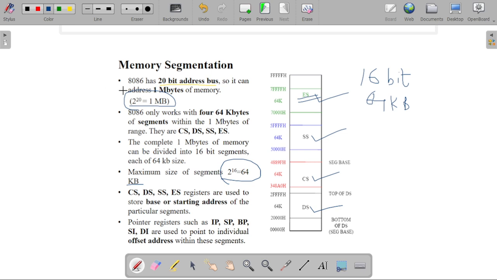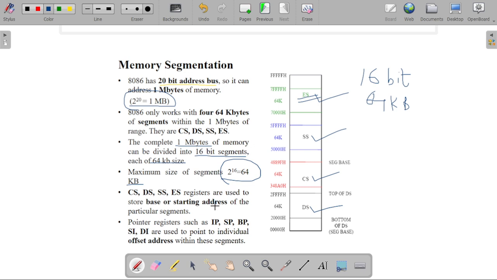In memory segmentation, we are dividing our whole physical memory into different sections or segments. Likewise, our whole 1 megabyte of memory, that is 2 raised to 20, will be divided into memory segments in the form of 16-bit segments, and the size of each 16-bit segment is 64 kilobytes.